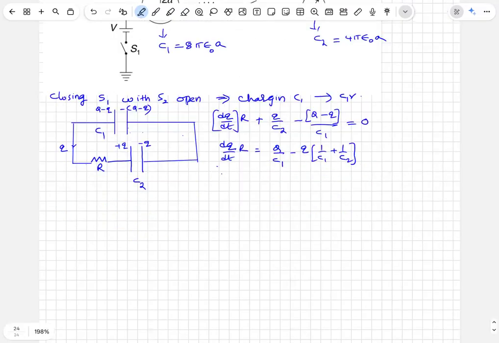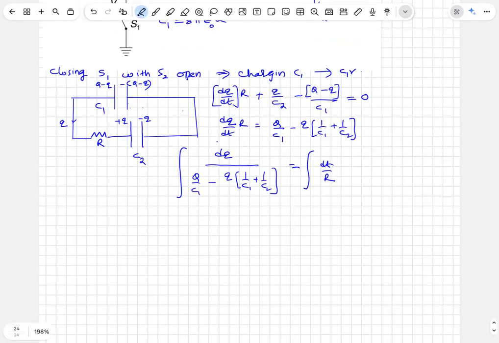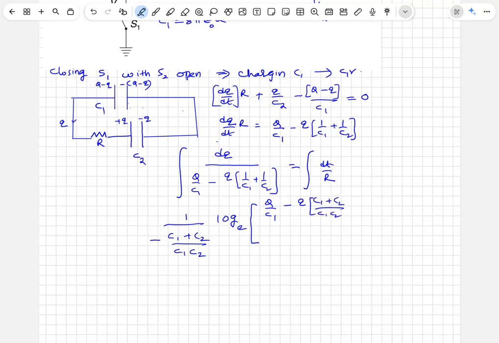Just keep this terminology only for some time. This is a dq by dt. Because initially there is no charge.